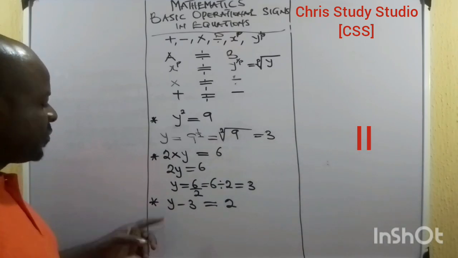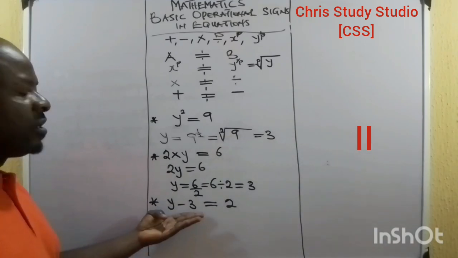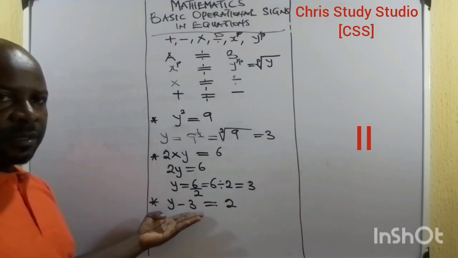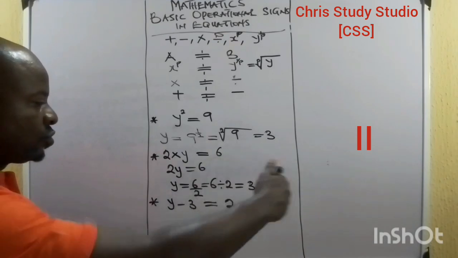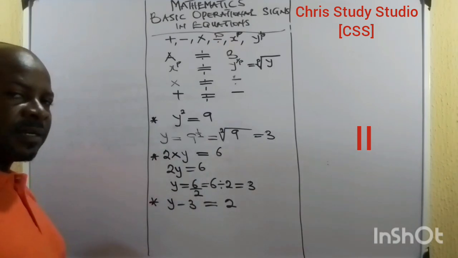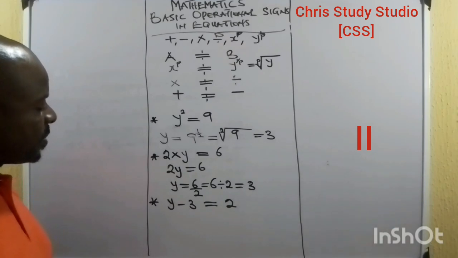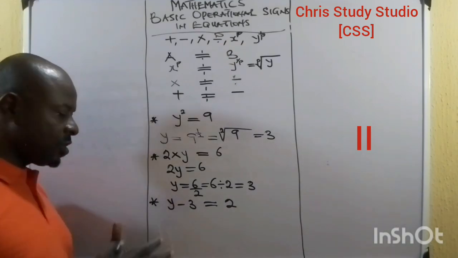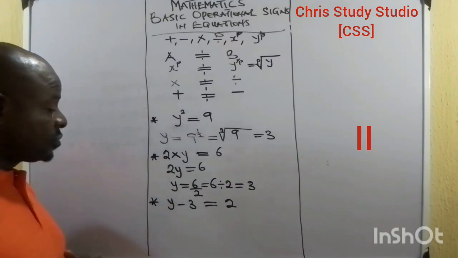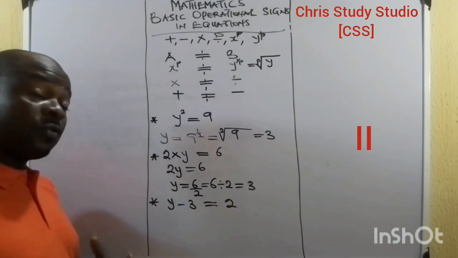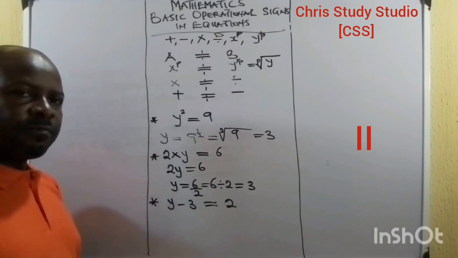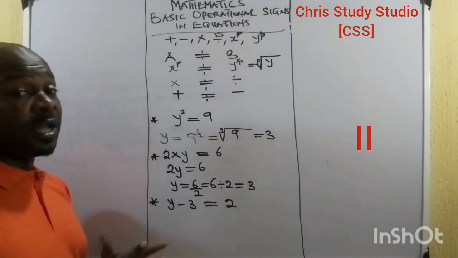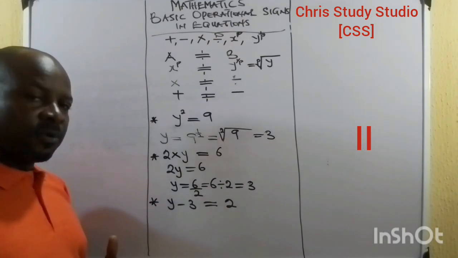For us to get to y, which has a relationship with minus 3 at this left hand side, while 2 stands alone by the right hand side, for us to solve for y, to evaluate y, we need to move minus 3 away from y so that y can stand alone.